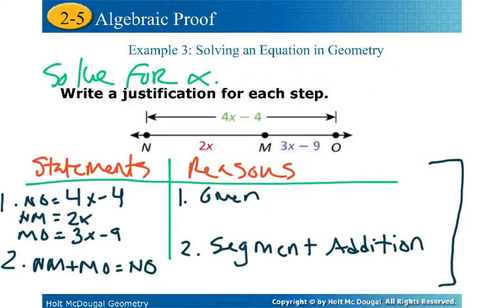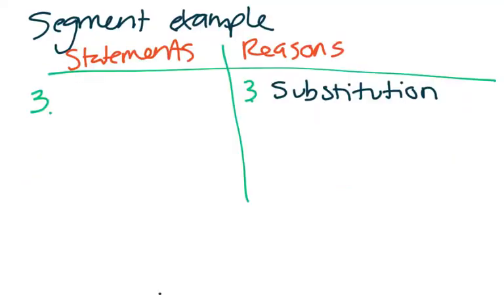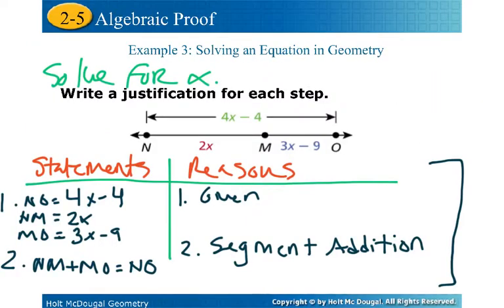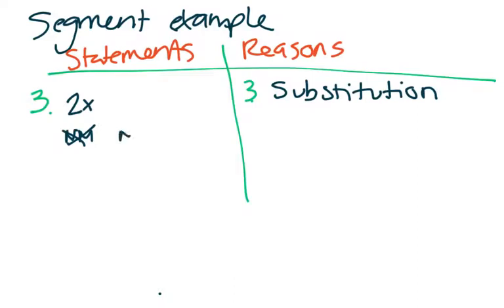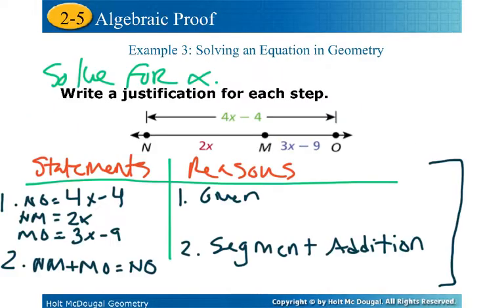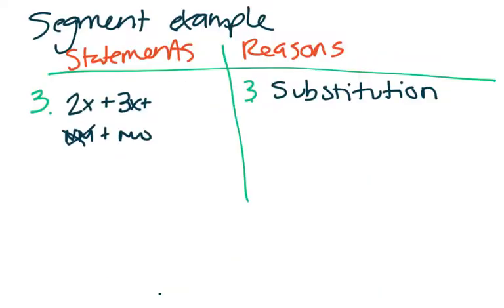Because if I know that NM is actually 2x, I can go ahead and write 2x instead of NM. So I've taken NM and replaced it. Then I know that NM can add to MO, and MO is 3x minus 9. So I'm saying that I could add it to MO, which is 3x, I don't know if it was plus or minus 9.